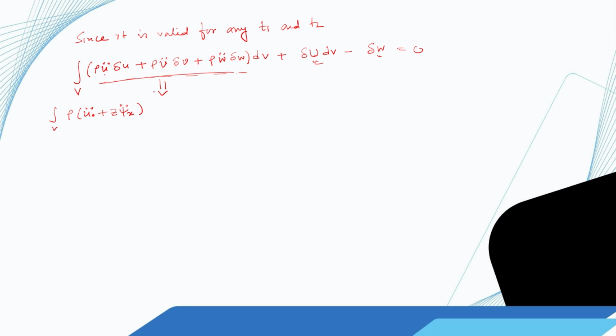And then we have the variation of u0 plus z into psi x, its volume integral.